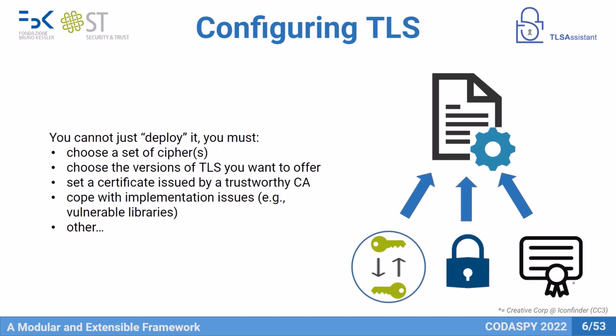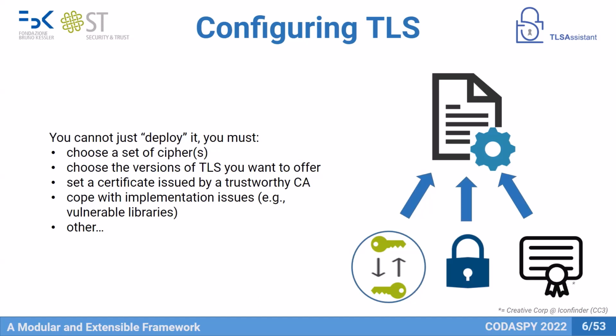So you have to configure the ciphers you want to offer to your clients, and the protocols, so the versions, because you should choose between 1.2 and 1.3, but you can also at the moment choose previous versions, also the SSL versions, which are even older. You have to set various configurations and also cope with various implementation issues that libraries like OpenSSL may have. So it's a big work.